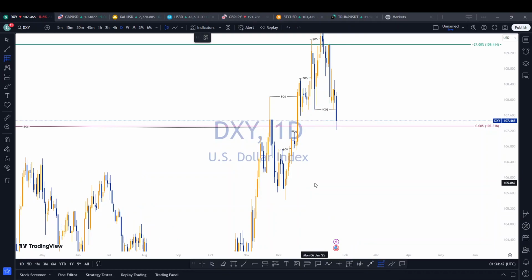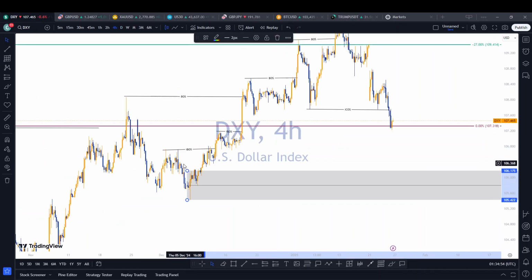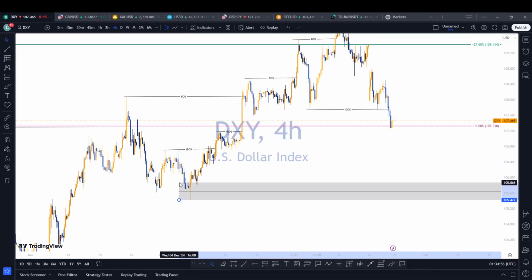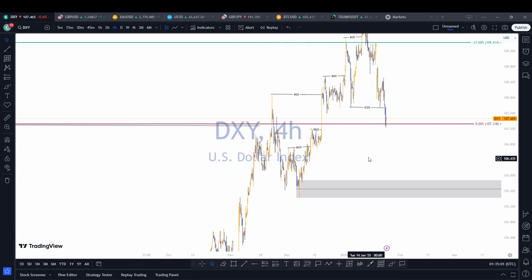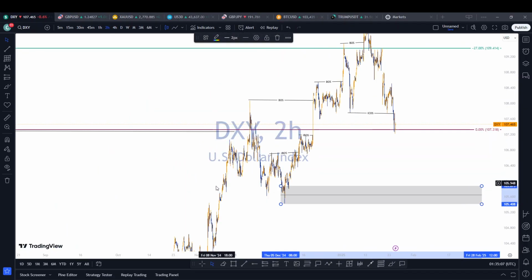Yeah, because I still think we might push more to the downside because we broke structure. There's a possibility. So let's just redefine this one. This is the last break of structure I think we might get to. That is crucial, right? Let's see a smaller time frame.